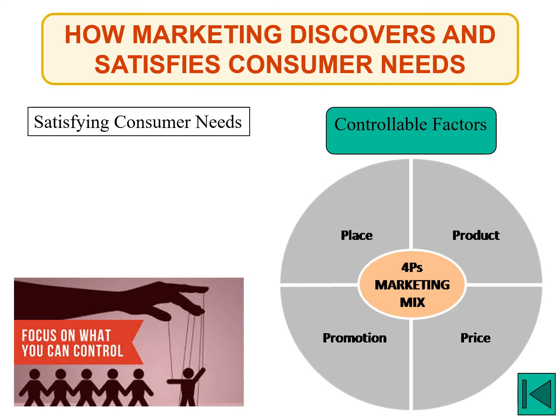We discussed the product, we discussed what price it had, we discussed the place that you bought the product from, and we also discussed where you heard about that product, which is promotion. So all those 4 P's are part of marketing, and we have to put them all together and focus on these because we can control all of these, and controlling all of these is at the end going to satisfy consumer needs.